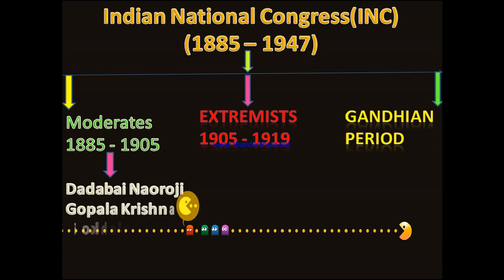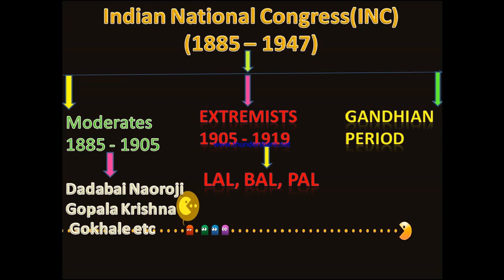Under the moderates group, the main important leaders were Dadabhai Nauroji, Gopalakrishna Gokhale, Badruddin Tyabji, then W.C. Banerjee, all were members of the moderates group. And under the extremist group, the main leaders were Lala Lajpat Rai, Bal Gangadhar Tilak, and Bipin Chandra Pal.